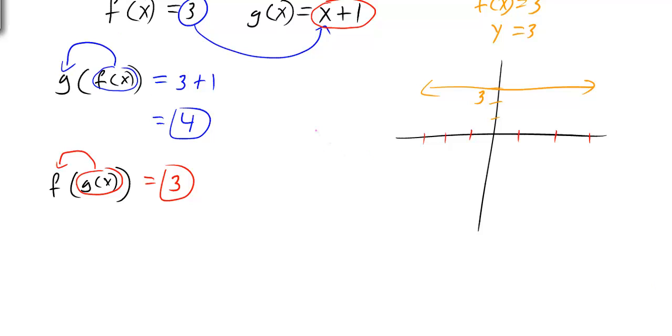And if we think of this using your xy chart here, no matter what x is, if x is 0, 1, -1, or in this case, even if it is x plus 1, your y value is always going to be 3. And that's because it's a constant function.